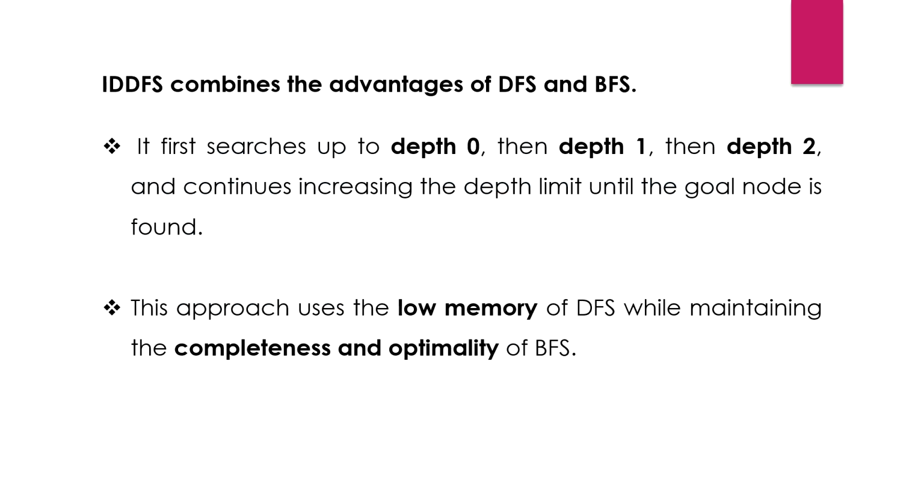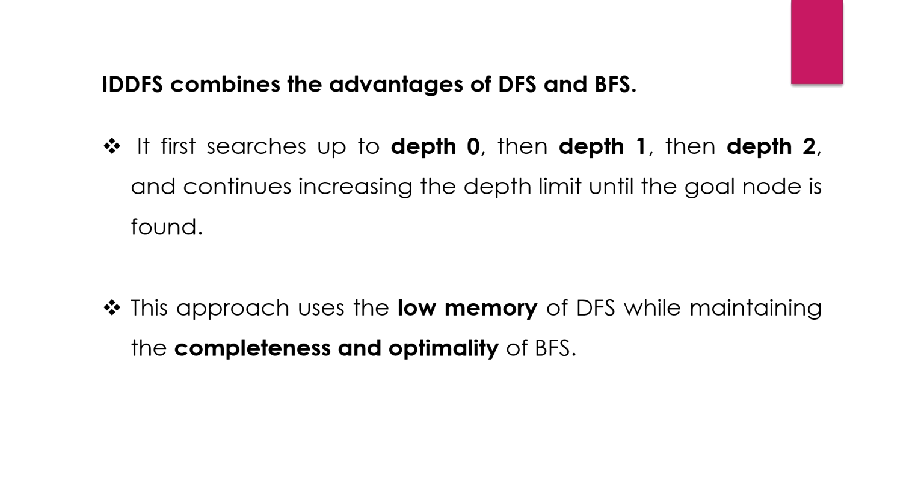Now let us discuss the advantages of IDDFS. First, it combines the strengths of BFS and DFS. Second, it requires very little memory and it always finds the shortest solution in unweighted graphs, and it is complete.